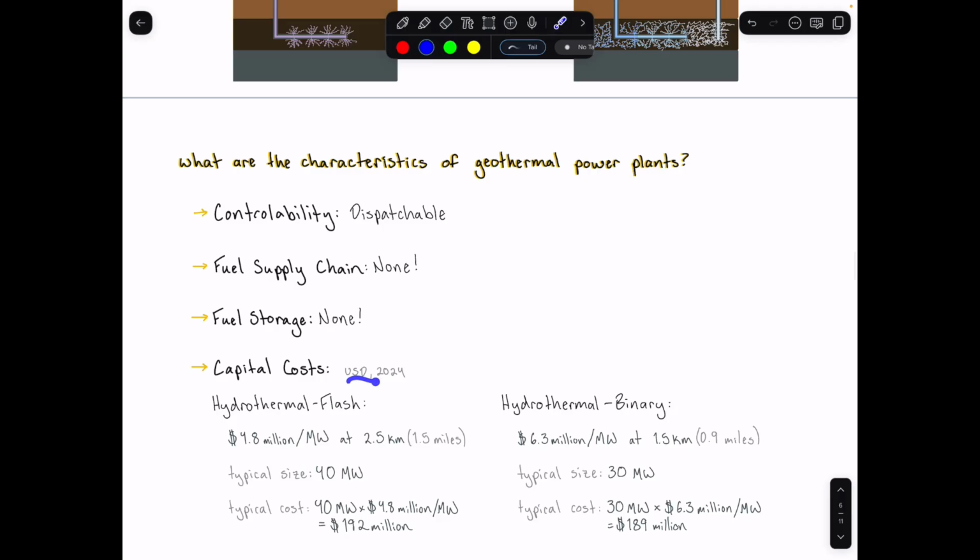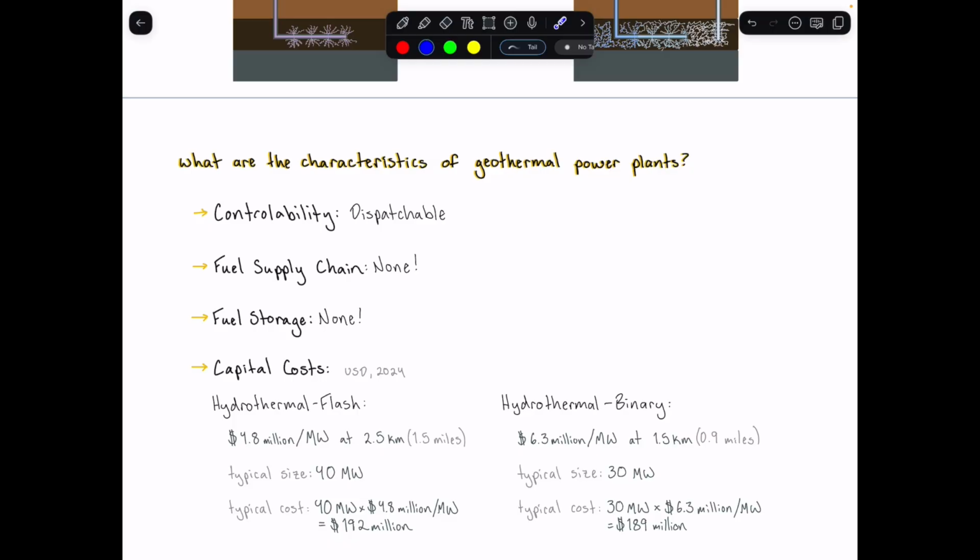These numbers here are in US dollars from 2024. And here I am only going to talk about the capital costs of building out hydrothermal flash steam plants and hydrothermal binary plants. This is because there are not a lot of regions around the world that are able to build out direct steam power plants, because it requires that very, very high temperature.